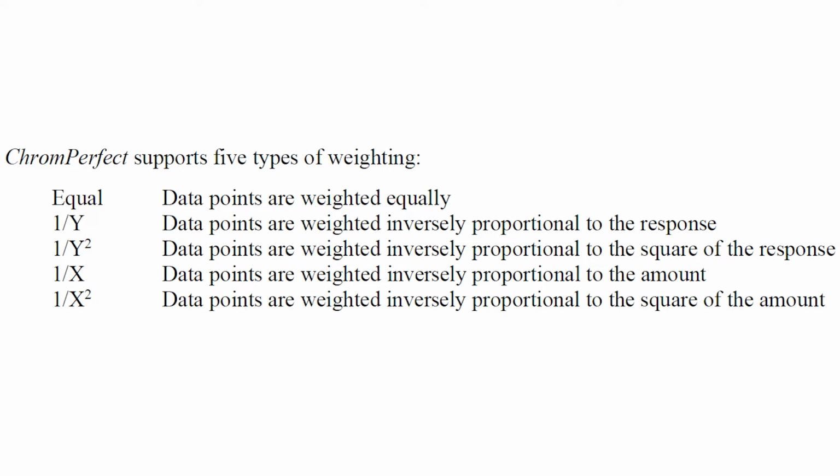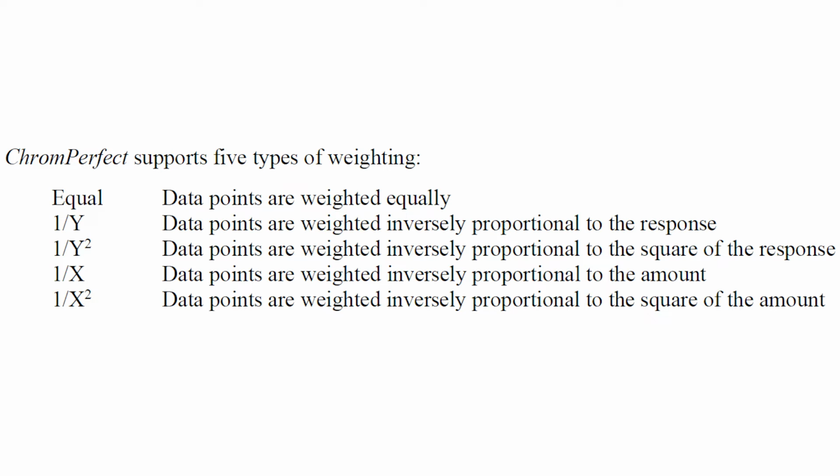Some users find it convenient to use 1/x or 1/x squared weighting because it simplifies checking the results by hand calculation. When the response is proportional to the amount, then 1/x and 1/y weighting are essentially identical, as are 1/x squared and 1/y squared weighting.